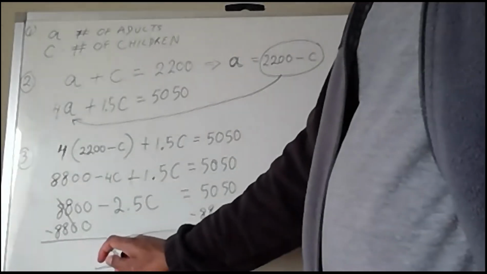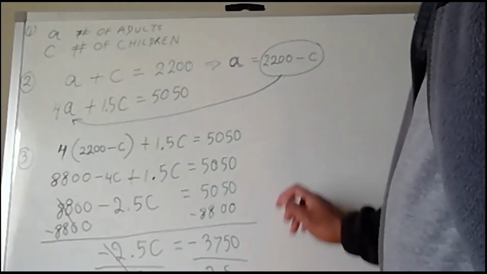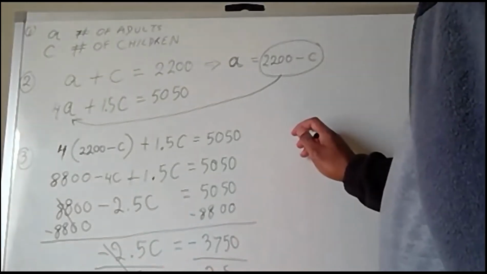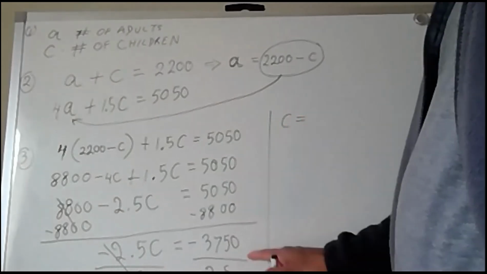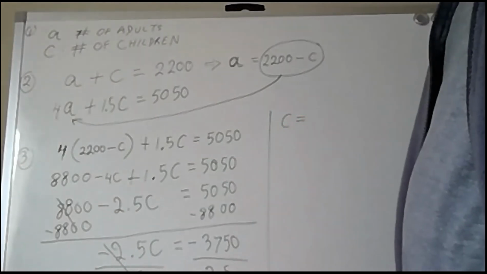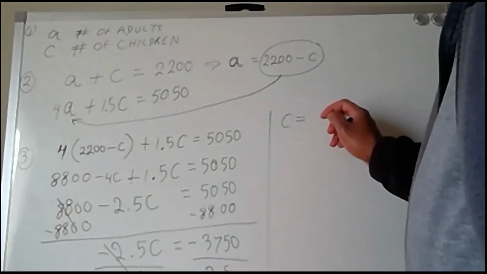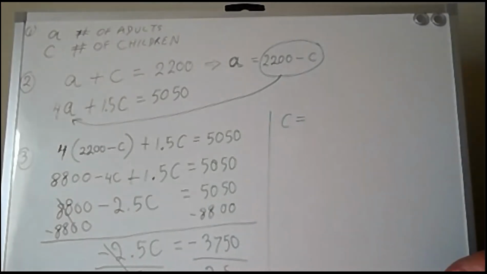So you're going to end up with C is equal to whatever this gives you. All right, you're dividing a negative by a negative, so your answer is going to be positive. And what does that give you? Well, use your calculators.